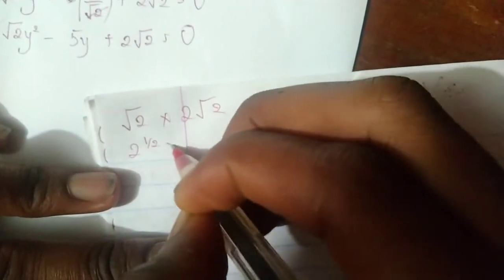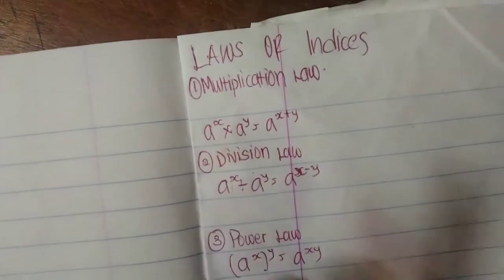Root 2 can be written as 2 raised to the power of 1 over 2, times 2 raised to the power of 1, times 2 raised to the power of 1 over 2 because of the root. From the multiplication law, we can add their powers because the numbers are the same. So this is 2 to the power of 1 over 2 plus 1 plus 1 over 2.